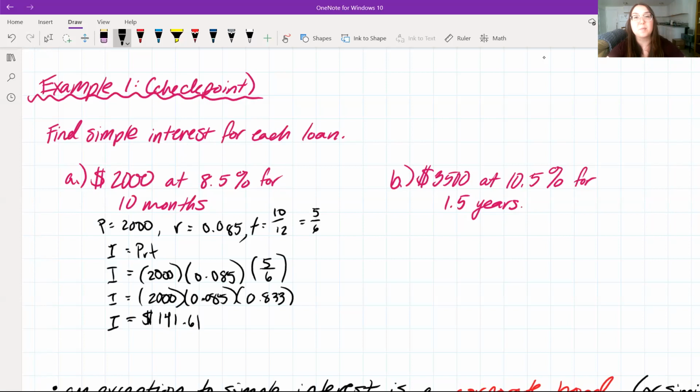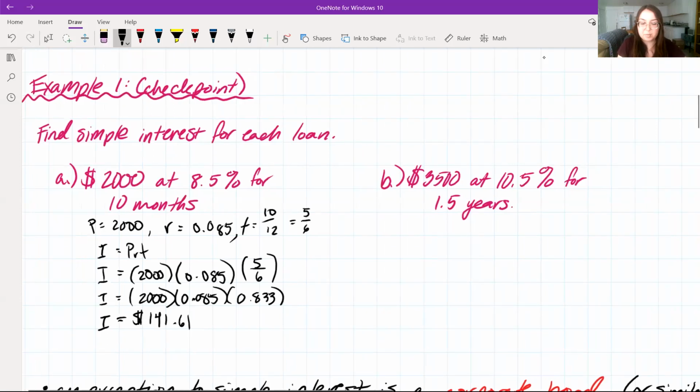So let's say at the end of 10 months, if we wanted to pay this back or take our investment out, we would have a total of $2,141.61. So that's just kind of how you accrue that interest.